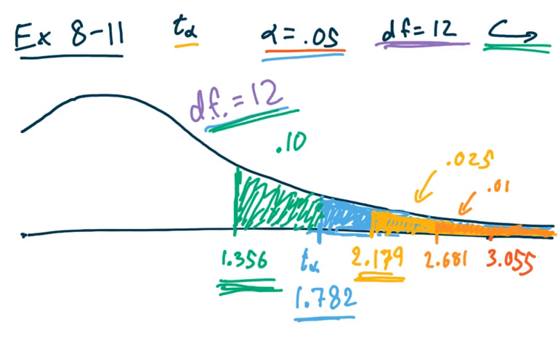And then finally, the last one that I included, 3.055, that area underneath the curve, that would be 0.005.